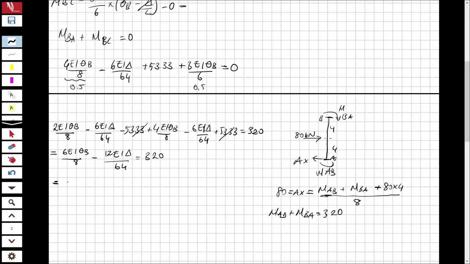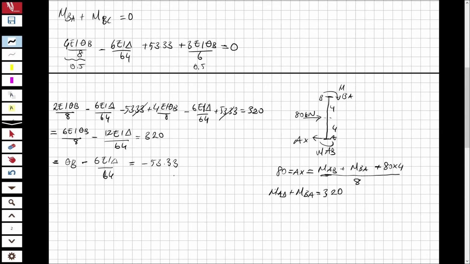So I will write back theta B, and that will be minus 6EI delta over 64 equal to minus 53.33.